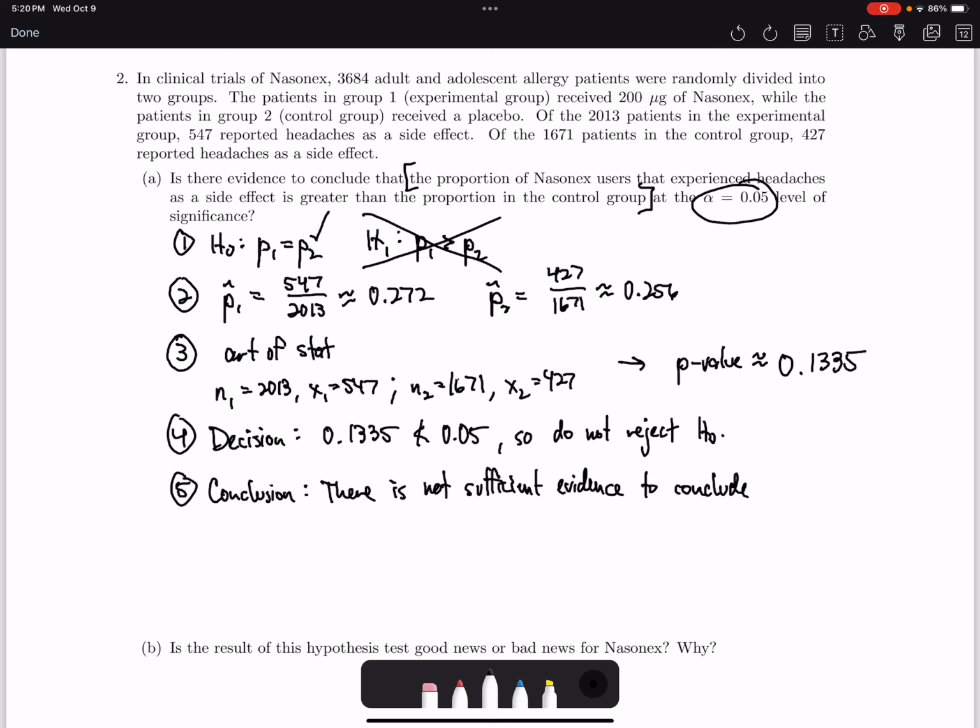But there's not sufficient evidence to conclude that the proportion of Nasonex users with headaches is greater than that of the control group.